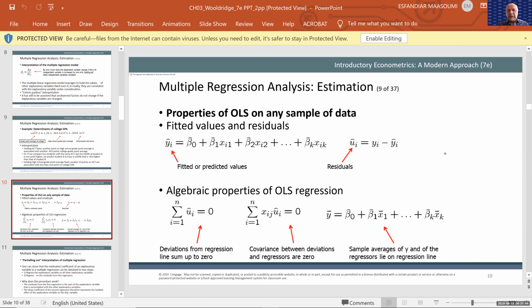What properties would OLS have? We have a lot of derivations that we skip in this course. I will come back to them parenthetically and discuss them, but they will not be required. Matrix algebra, vector algebra would really help to take care of those general case derivations.